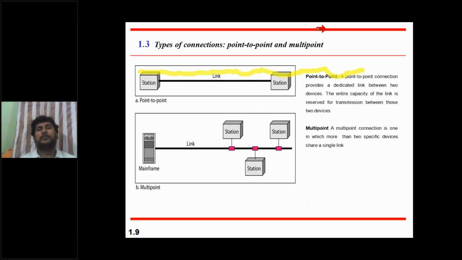Now, coming back to the definition of network, we discussed devices or nodes connected by links. So we need certain links to connect devices. Sometimes a link will be exclusively used to connect two nodes. If that particular link is dedicated to two particular stations, then the kind of link used is referred to as a point-to-point link.